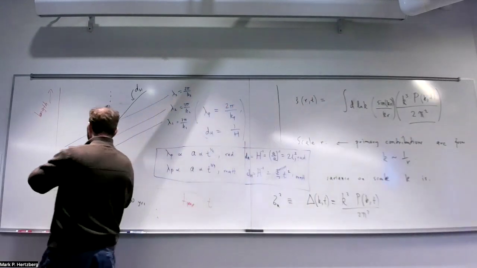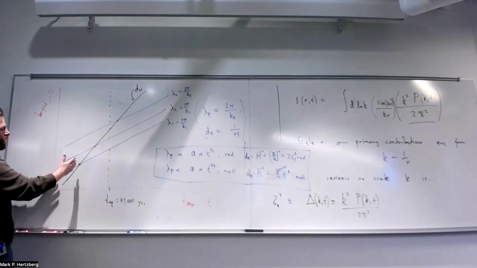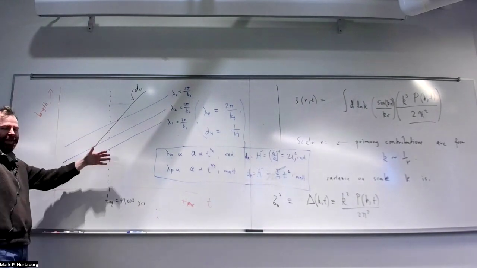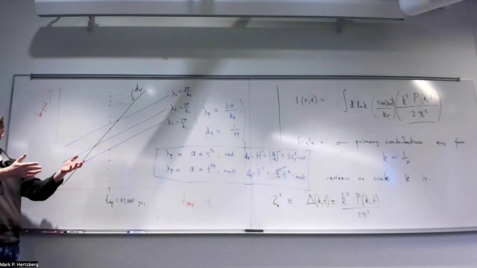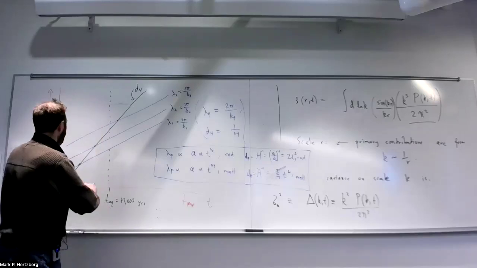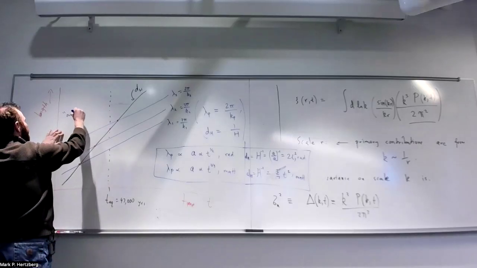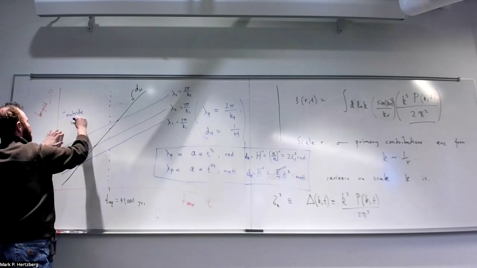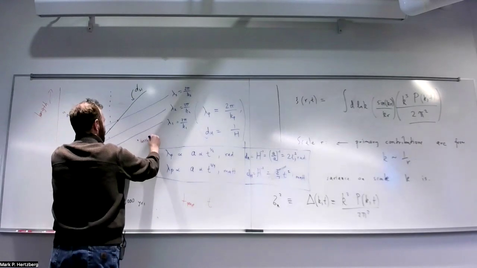So in that sense, over here, when the blue part is above this in the early universe, these modes are huge in a sense. They're bigger than the Hubble length. We say they are outside the horizon. Okay. So on this side, outside the horizon. And over here, you are inside the horizon.